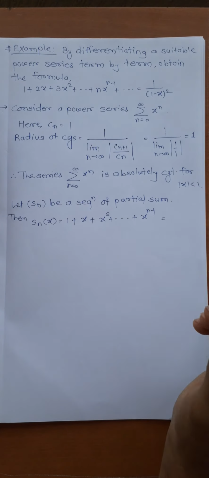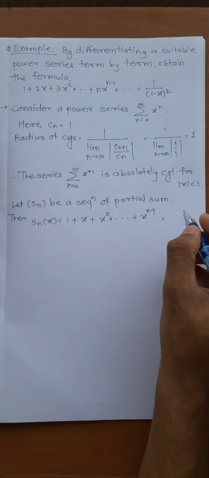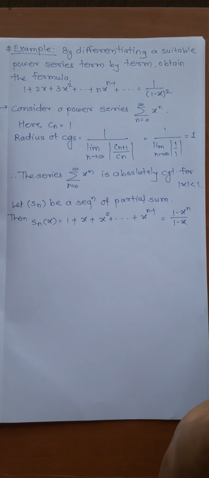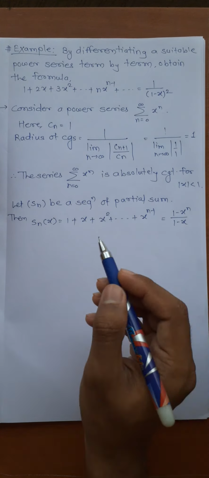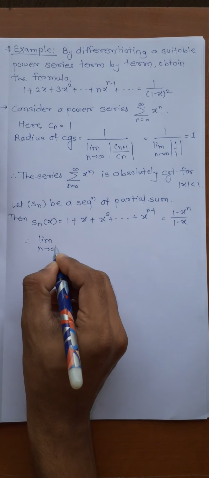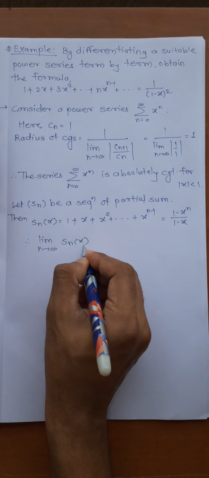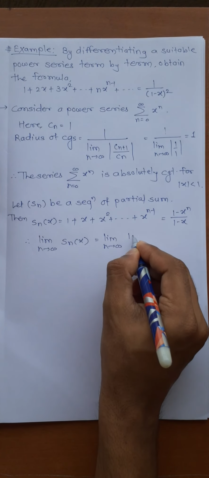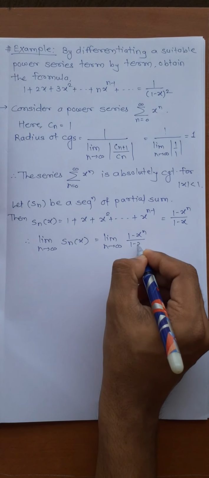Do you know what is the sum of this? The sum of this series is 1 minus x raised to n upon 1 minus x. Now I will take the limit of both sides. Therefore, limit n tends to infinity Sn of x is equal to limit n tends to infinity of 1 minus x raised to n upon 1 minus x.